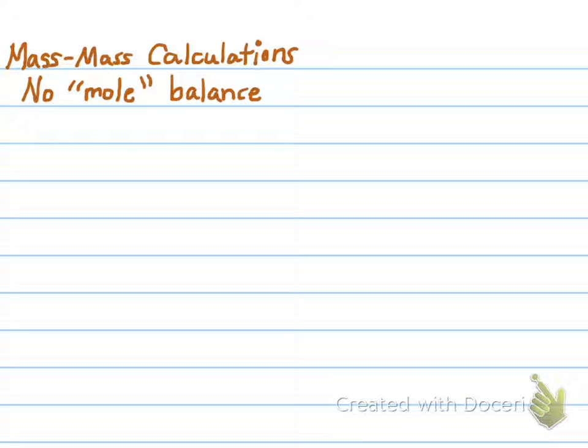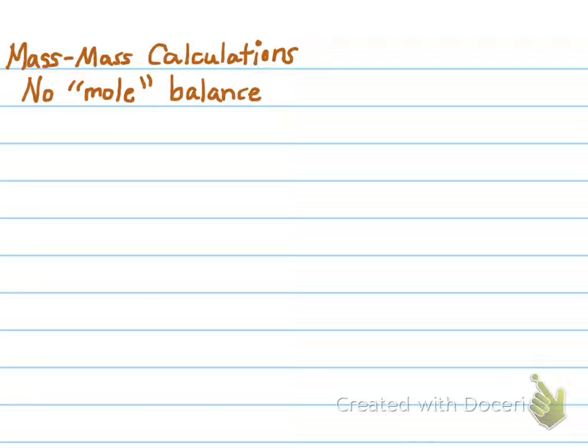So now that we have our new tool, our mole ratio that allows us to go from one substance to another, we're going to talk about mass calculations. Probably more than 80% of the calculations you're going to do in Chapter 9 in stoichiometry are going to be mass calculations.